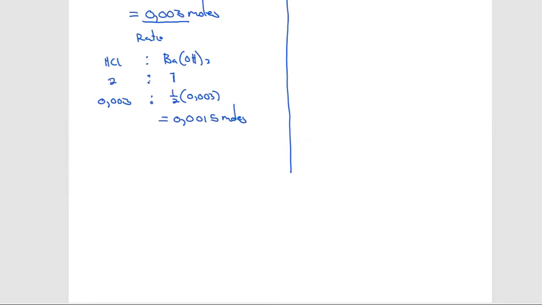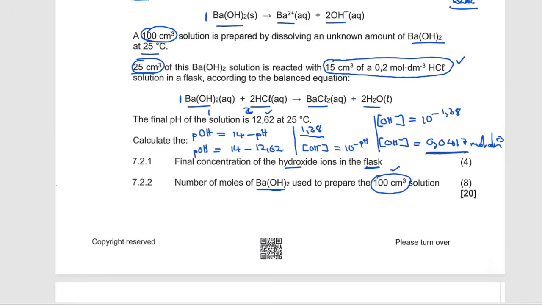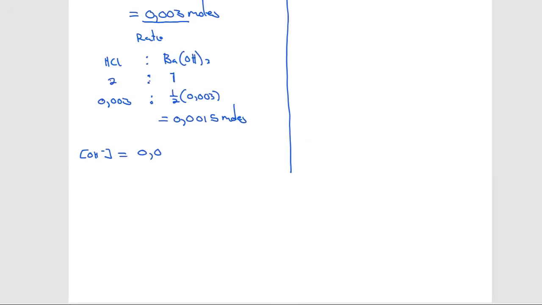So the concentration of these OH⁻ ions is equivalent to 0.0417. This is our concentration, in moles per dm cubed.